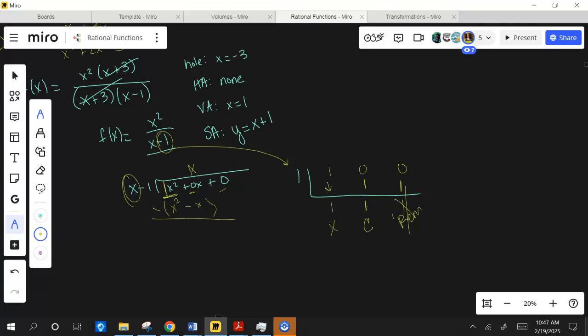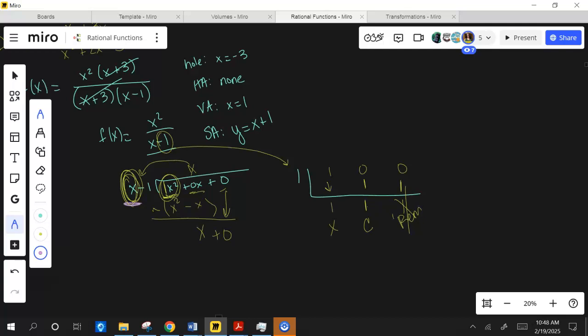You take the first term and you say, what do I multiply that by to get the first term inside? Then you put that on top, and then you multiply it around to the outside. When I subtract, 0x minus negative x is just an x. And I bring down the next term, and now I do it all again.